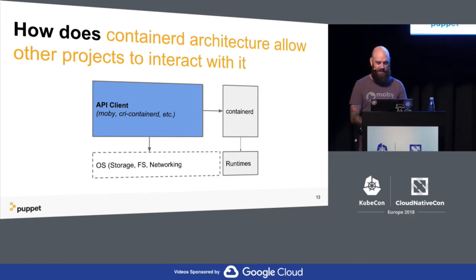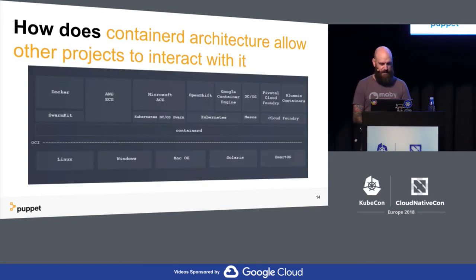But you can see that OS storage, file system, and runtimes can all integrate easily with containerd. And here's a really old photo of all the stuff that integrates with containerd. So you've got all the major players in the cloud ecosystem and the container ecosystem, and the underlying OSs.